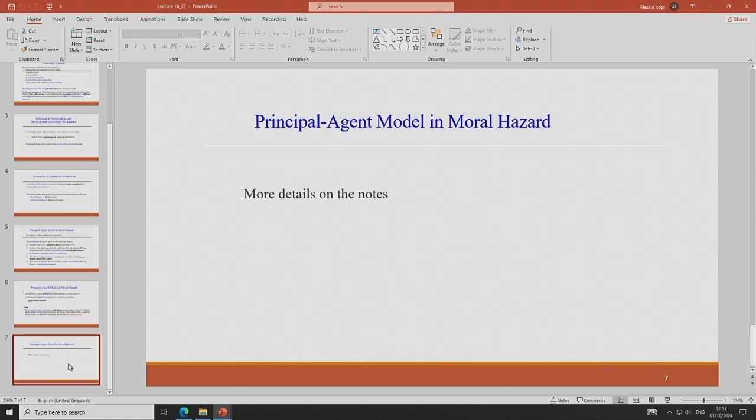In particular, because we said we're going to set the reward schedule ex ante as a principal, I don't know exactly what outcome I'm going to obtain, but I know that eventually it will be a weighted average of either the high outcome or the low outcome.